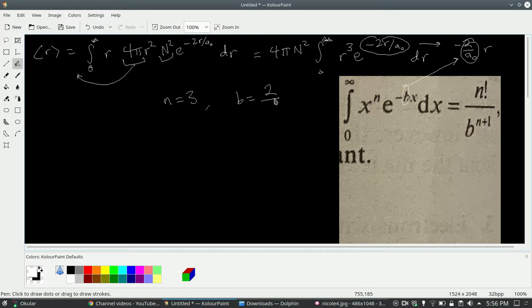So b is 2 over a naught. So that means the answer to this integral is n factorial, which is 3 factorial, over b, which is 2 over a naught, to the power of n plus 1, which is 3 plus 1, which is 4. Okay.